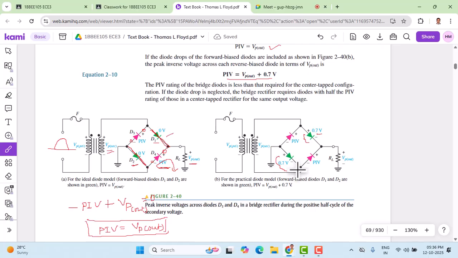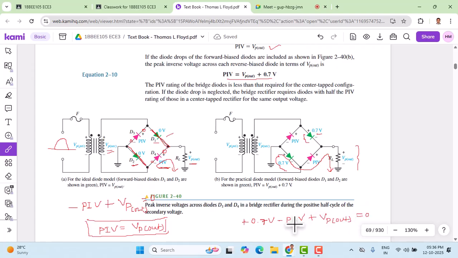That means here we have a voltage drop of 0.7. So if you apply KVL here, I start with ground, so this is a plus. I start with ground here, plus 0.7, minus PIV. I go through this loop, starting from here, and end up with the ground. So minus PIV, plus the voltage across the load resistance, which is Vp out, that's equal to 0.